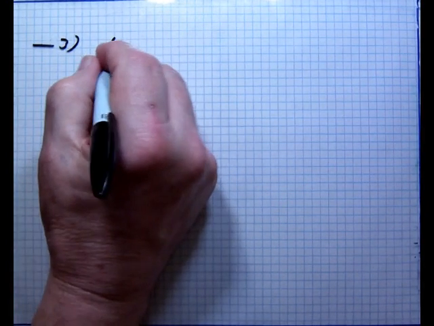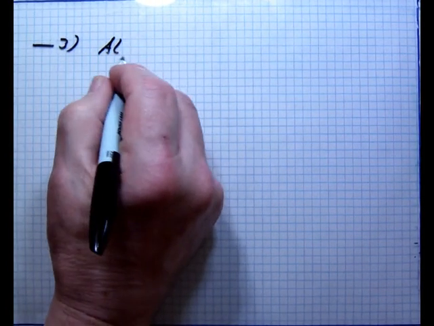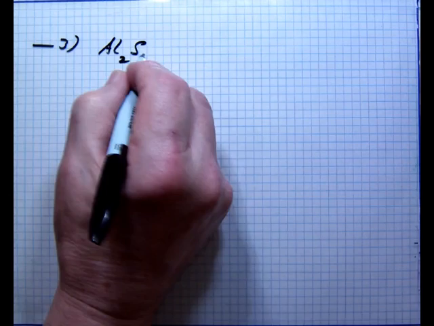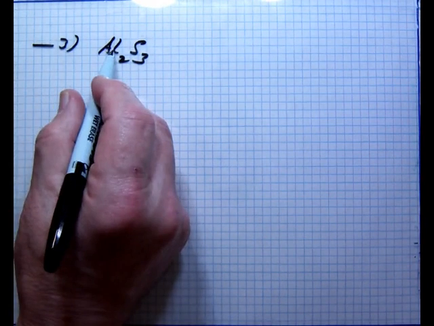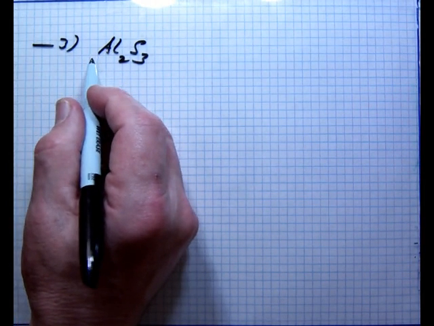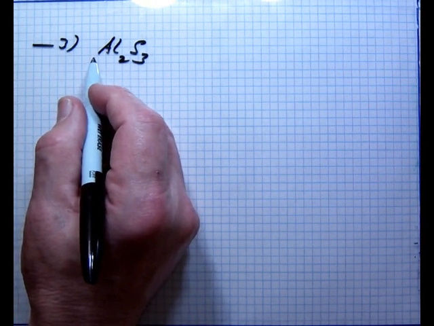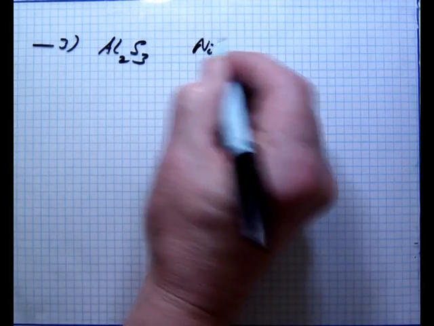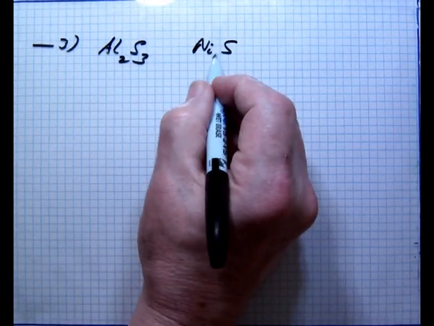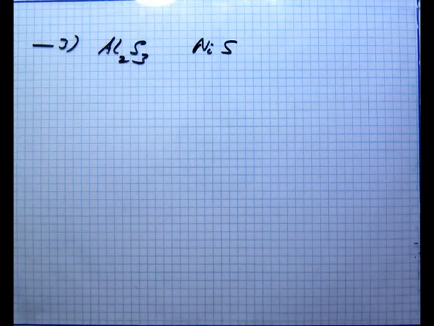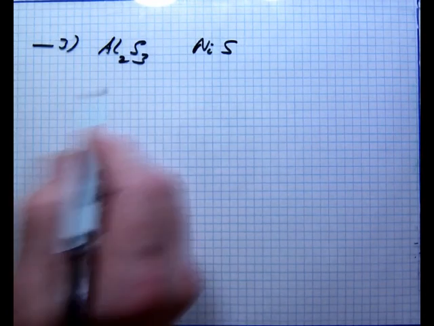Aluminum is a fixed charge element, and I gave you aluminum sulfide, Al2S3. I wanted you to name that. And as we look at this, aluminum being a fixed charge is not required to have a Roman numeral. Now if we had, say, nickel sulfide, that's the appropriate formula for that.